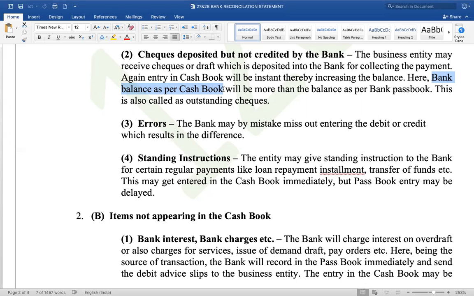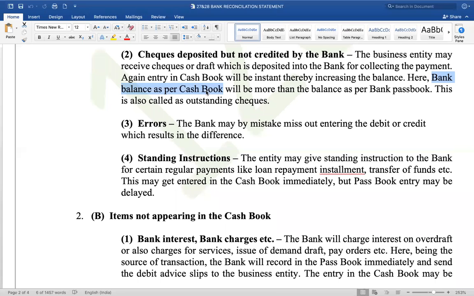Your existing balance is 10,000. When you receive a check and send it to the bank, immediately you will record it in the cash book as if the amount is received. The 10,000 will become 20,000 as per bank balance as per cash book.